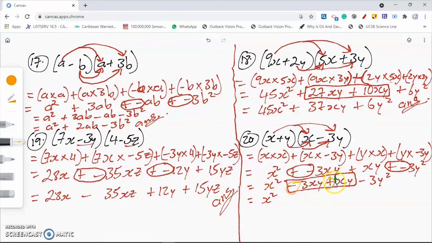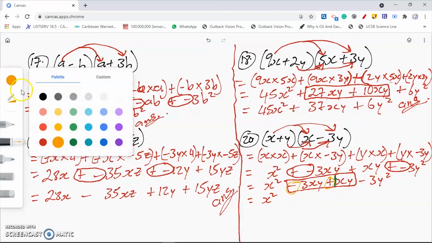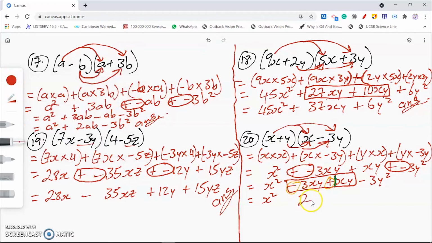So we have 1xy subtracted from 3xy, or 3xy minus 1xy. You would get 2xy, and the sign in front of the larger coefficient, 3, is negative. So that's x squared minus 2xy rather than x squared plus 2xy.